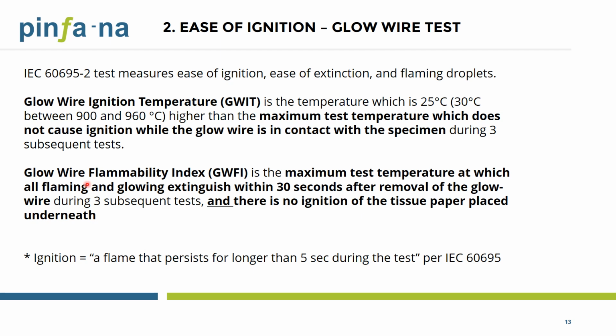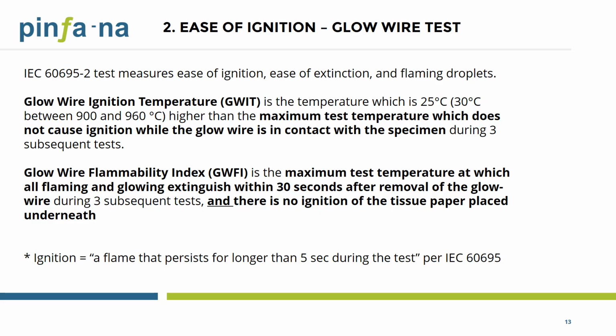Glow wire flammability index, GWFI, is related to ease of extinction. Ignition of the tissue paper under the mounted sample due to the flaming droplet is also considered in the test. Glow wire ignition temperature is the maximum temperature which does not cause ignition while the glow wire is still in contact with the specimen. Ignition here is defined as a flame that persists for longer than 5 seconds during the test.